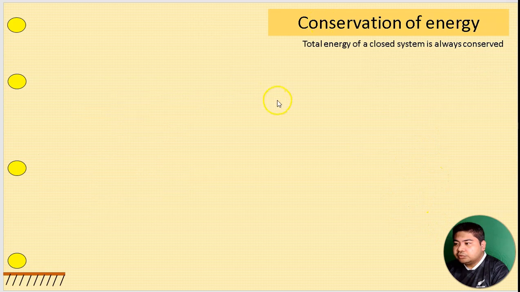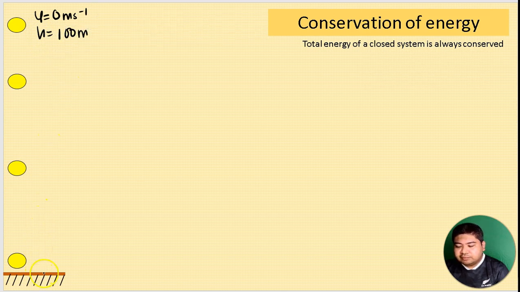So now we are going to discuss another conservation law, which is the conservation of energy. To illustrate the idea of conservation of energy, we are going to drop a ball from rest. So the initial velocity of the ball is 0 meter per second. The height of the object is, let's say, 100 meter measured from the ground.